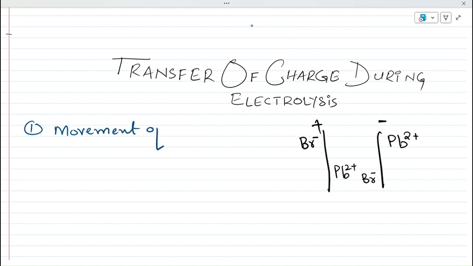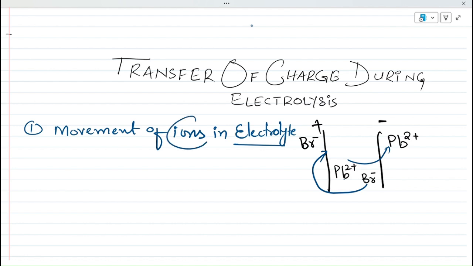There isn't any movement of electrons in the electrolyte. The positive ion moves towards the negative electrode and the negative ion moves towards the positive electrode. They are not traveling by the air, they are traveling through the electrolyte in the solution.